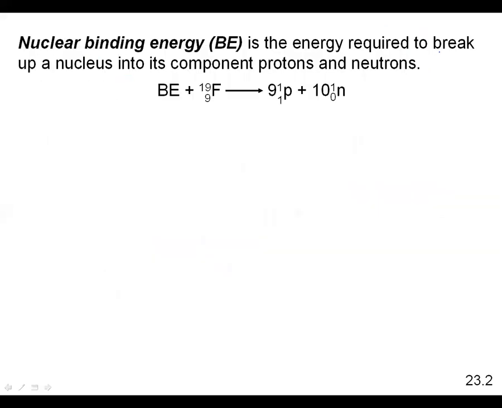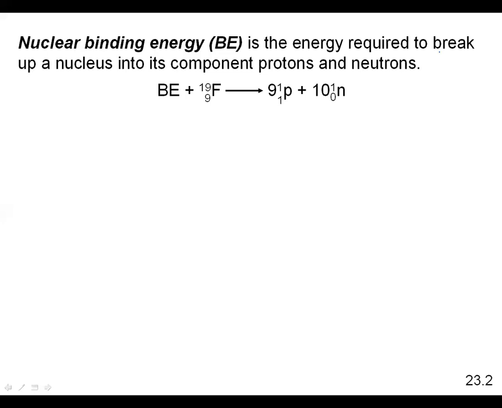So for example here, if we look at, say, fluorine 19, it has 9 protons, and it would have 10 neutrons.